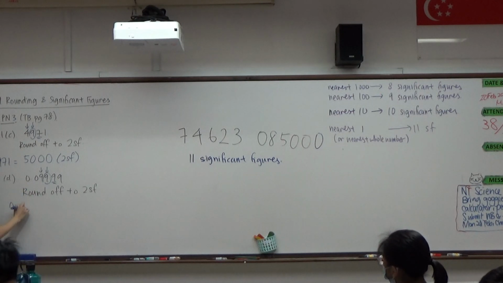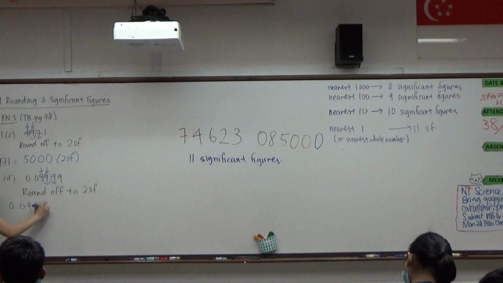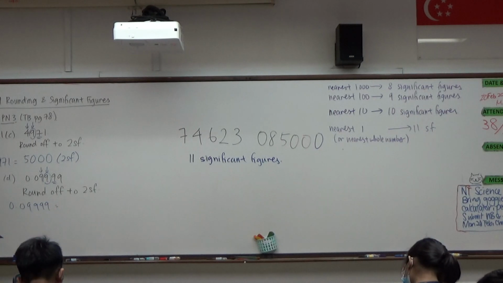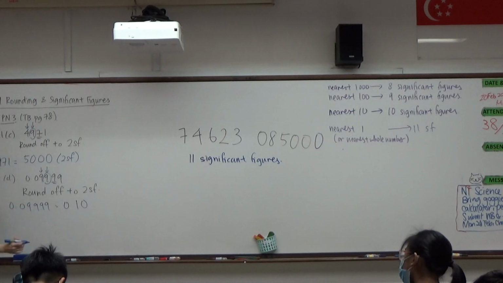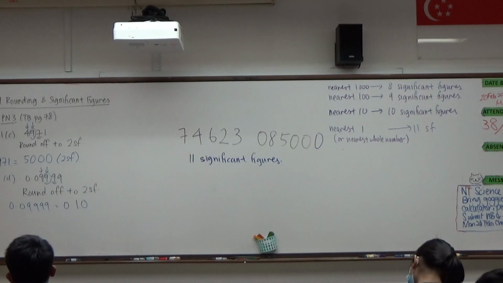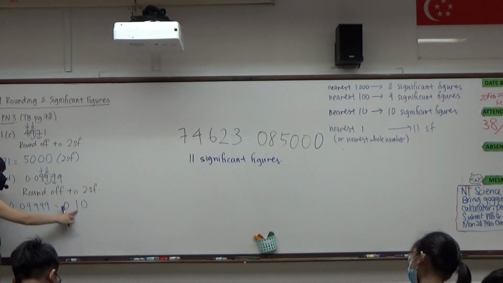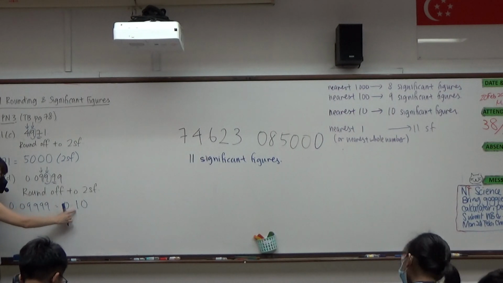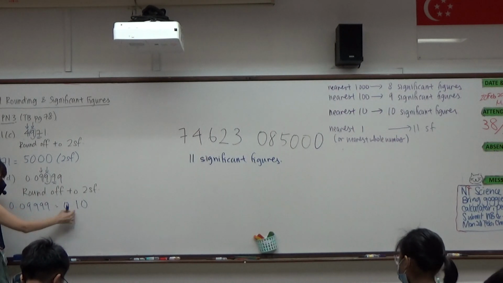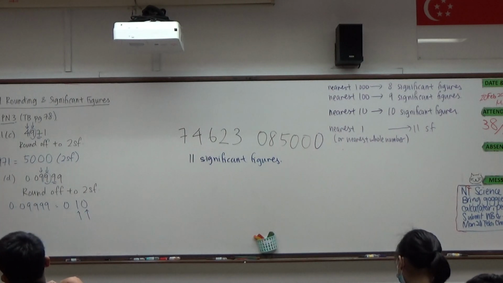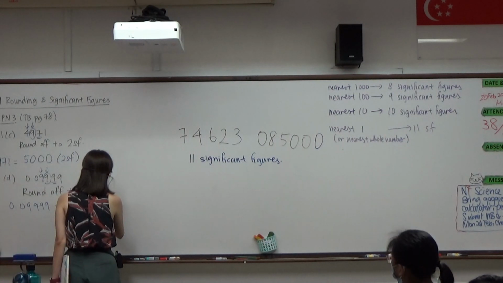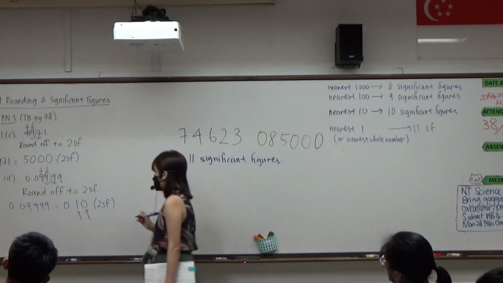So 0.09999, when rounded off to 2 significant figures, I will have 0.10. This definitely is counted as 2 significant figures because I will start counting my first SF from 1 and then the second one, the next 0. So this is the 2SF answer.